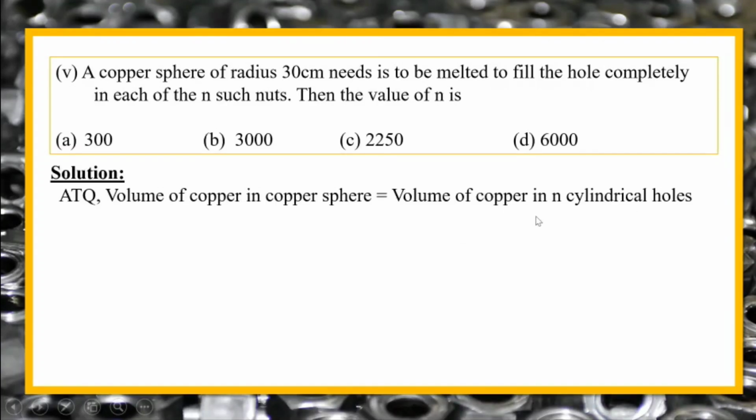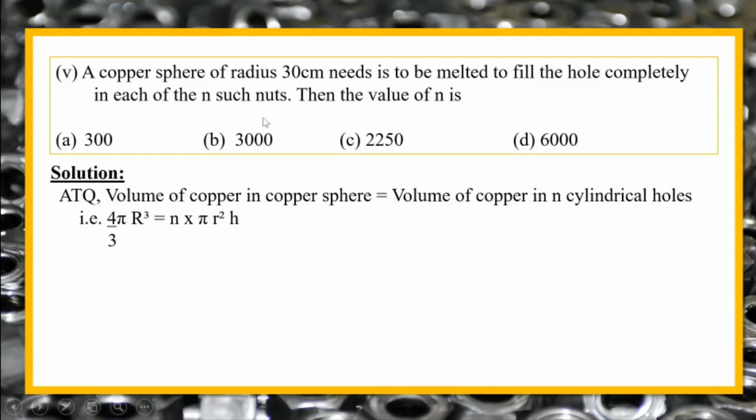That means it is going to be equal to n into volume of one cylinder. So hence, the volume of the sphere, 4 upon 3 pi r cube, will be equal to n into volume of one cylinder, which is pi r square h.